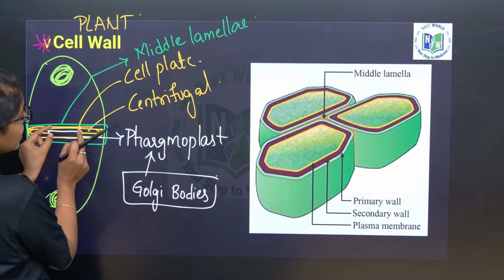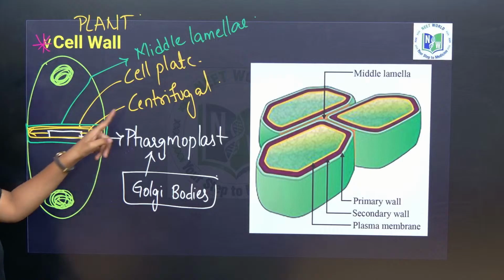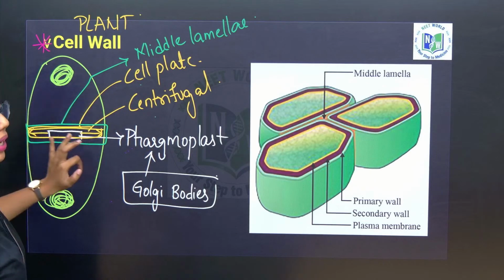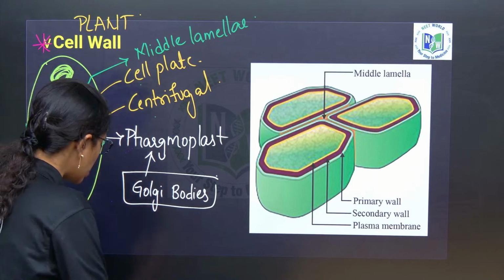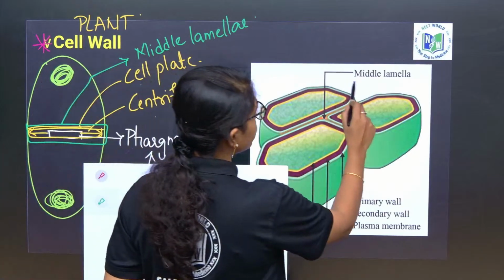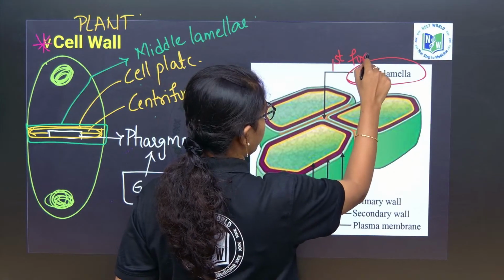This grows from center to the periphery by centrifugal movement and forms a cell plate, and middle lamella is formed at the end. So, middle lamella is the first formed layer of the cell wall in a plant cell.